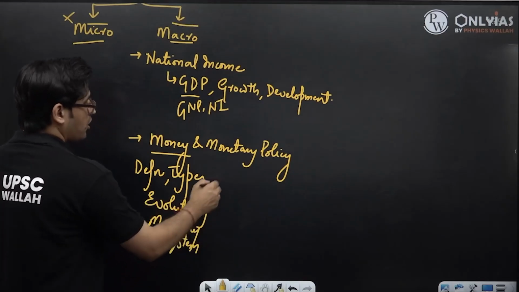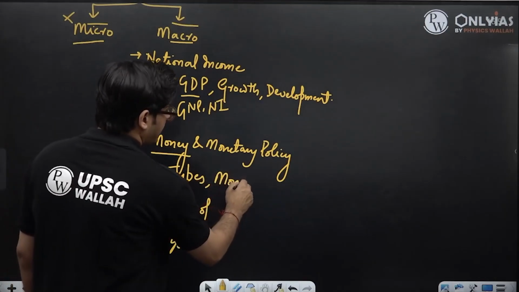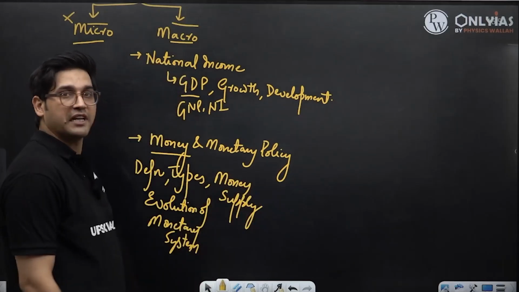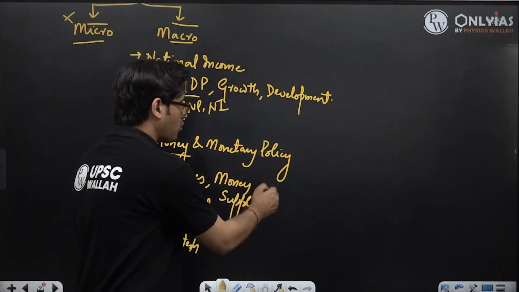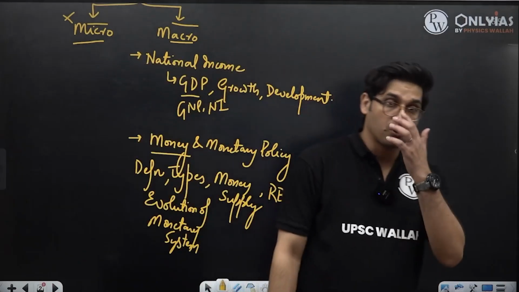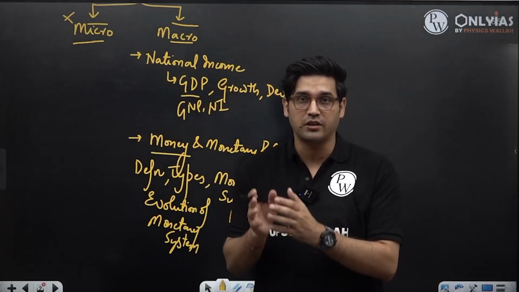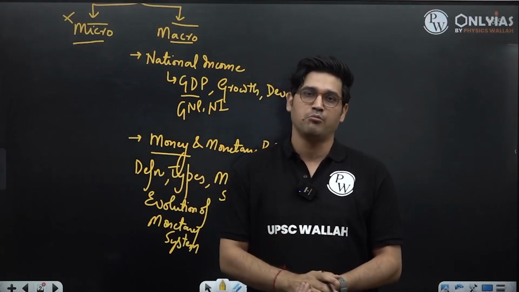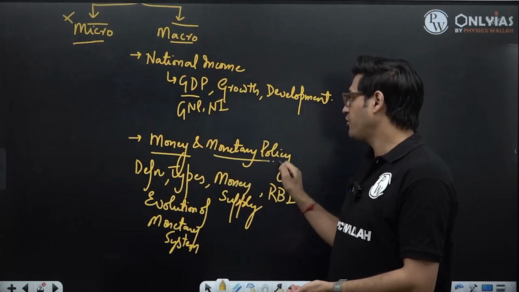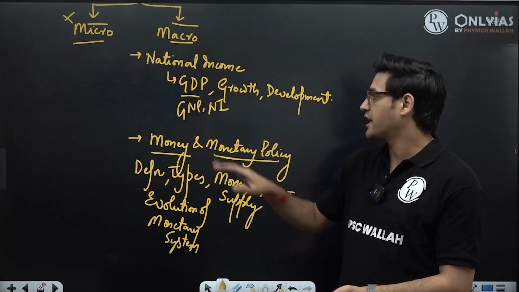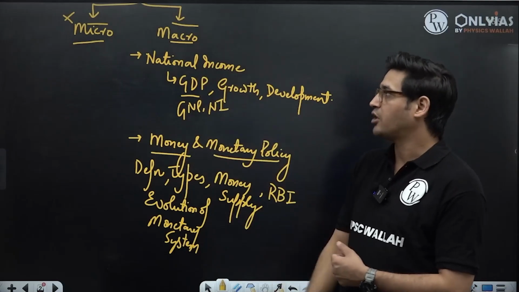And from there onwards, we will have to talk about a very vital concept, which is that of money supply, and the role of the central bank, which is the RBI in our case, in terms of influencing either the quantum of money supply or the direction of flow of what we call money supply, which forms the part of monetary policy. So first is national income, the second is money and monetary policy.